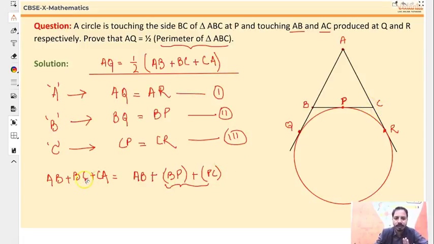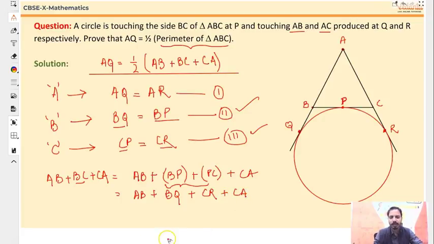So I have just broken this BC into two parts, plus CA, which is as it is. Now I will use the second and third equations. So I can write AB plus, instead of BP, I will write BQ, and instead of PC or CP, I will write CR, so plus CR plus CA.